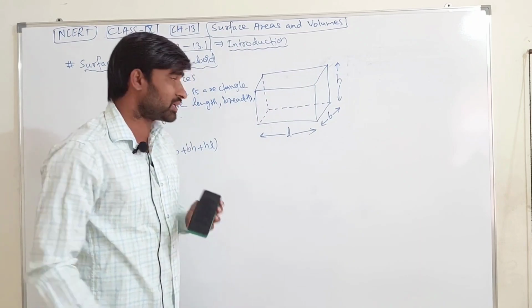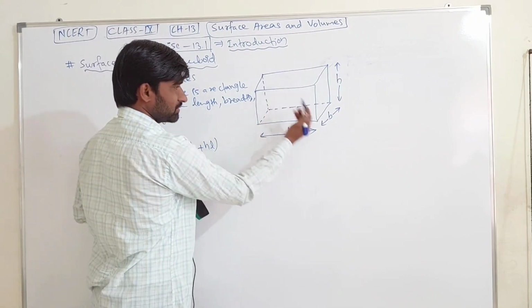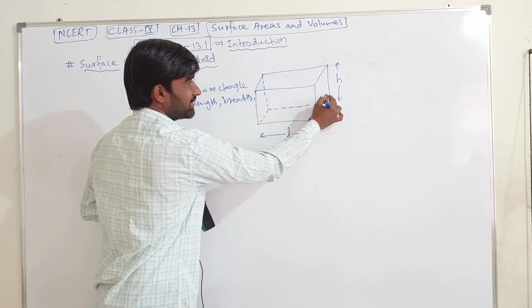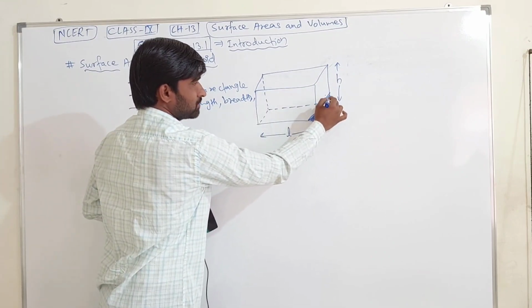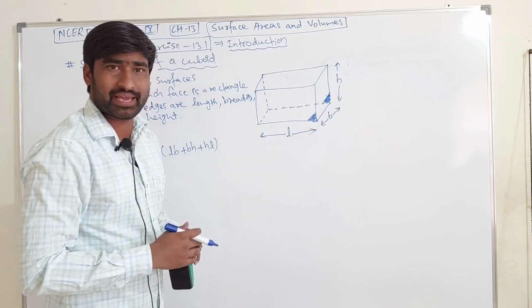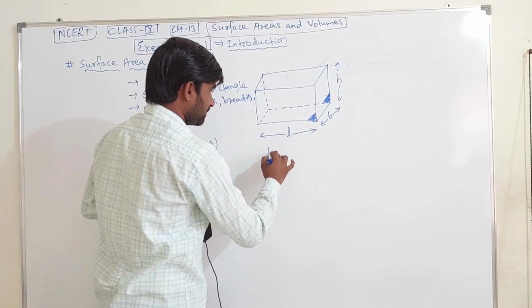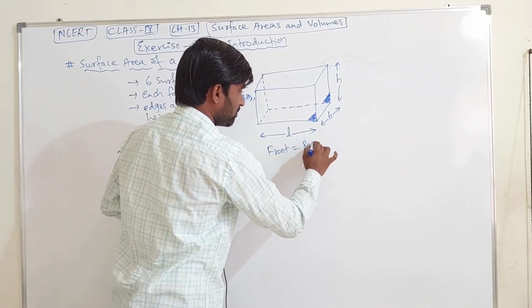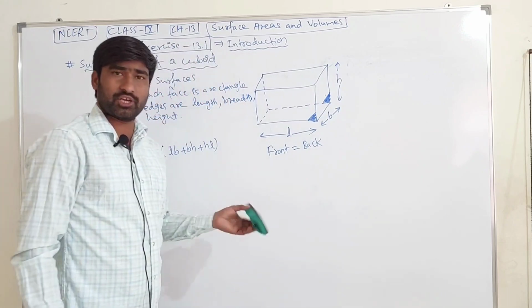They are same only. This is the front one, and the back side is this one. Here front area and back area both are same. Front will be equal to back, both are equal in area.